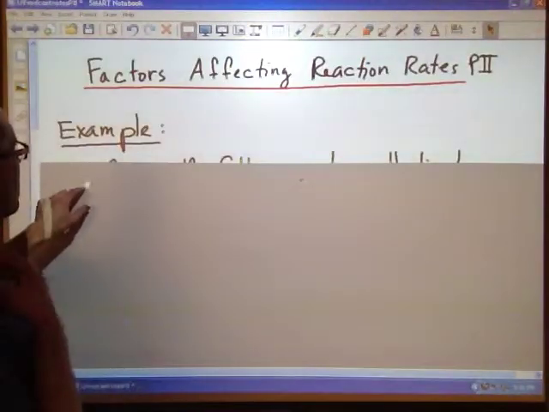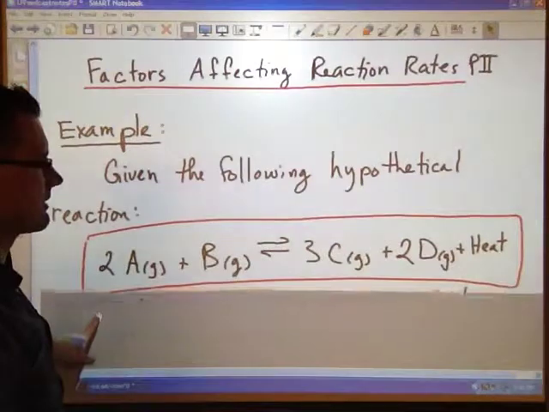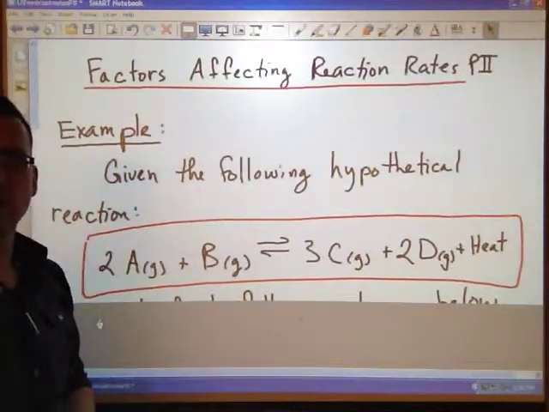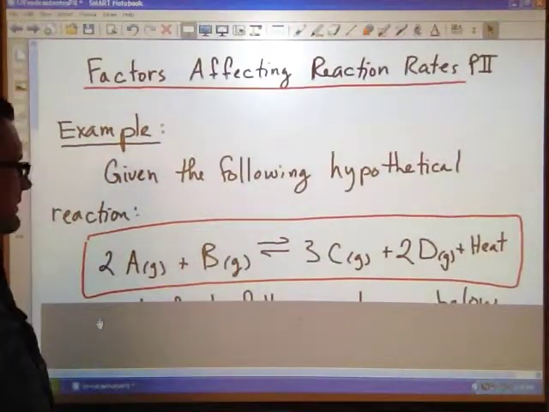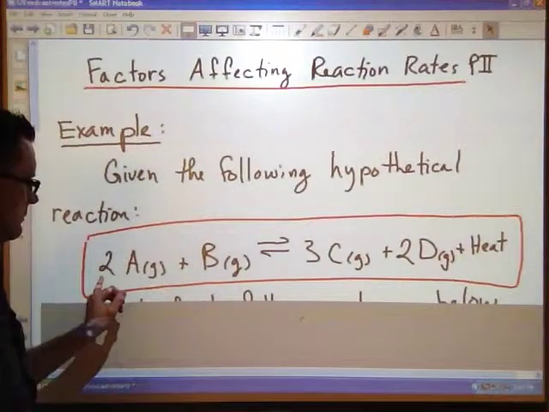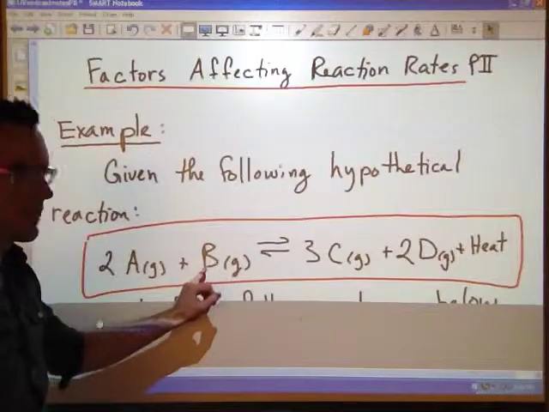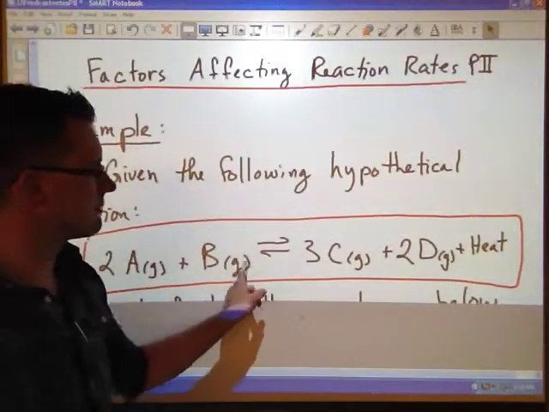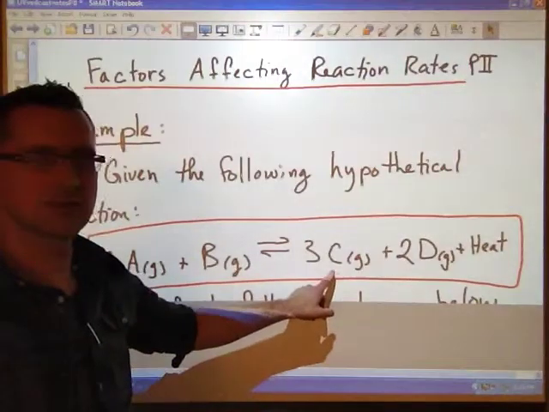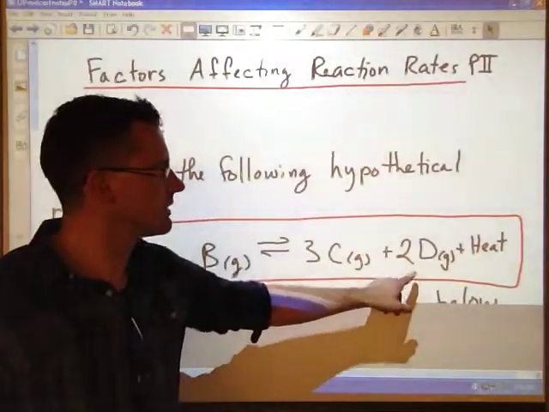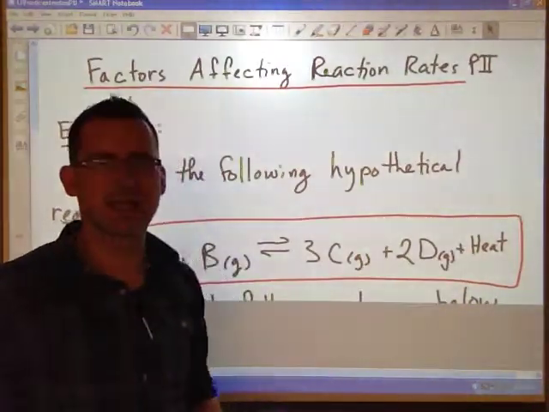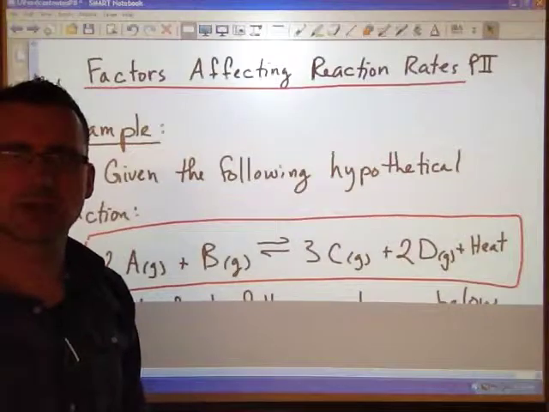So if we go back here, I just thought of a made-up example here, a hypothetical reaction. 2 A gas molecules, 1 gas molecule of B in equilibrium with 3 gas molecules of C, 2 gas molecules of D, and heat is released, exothermic reaction.